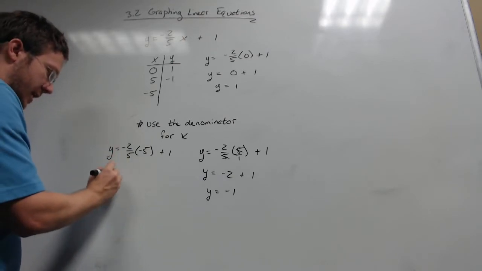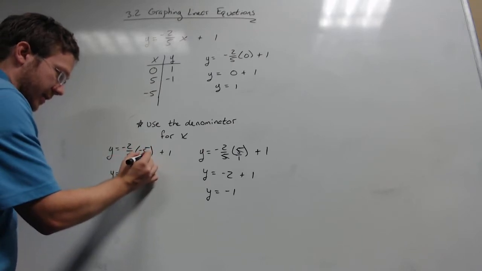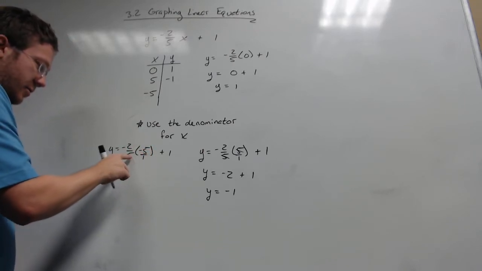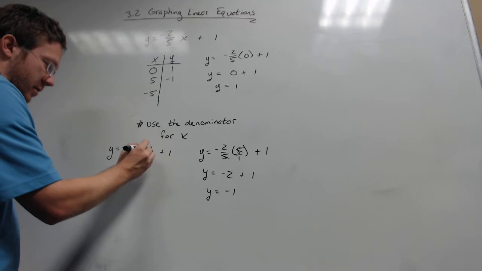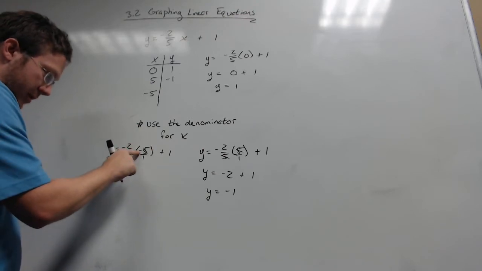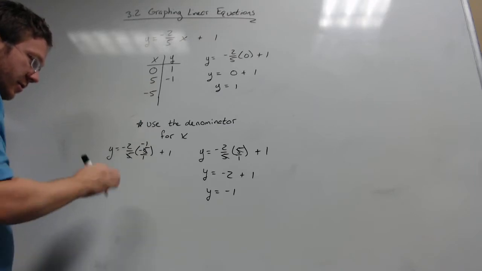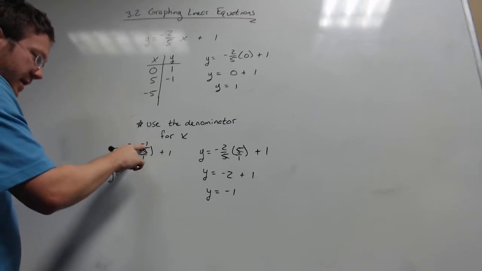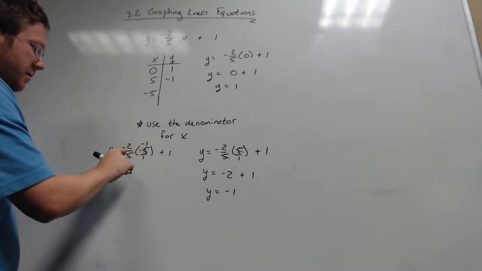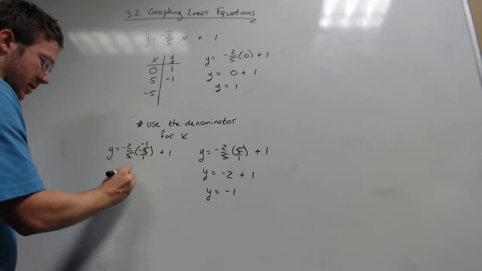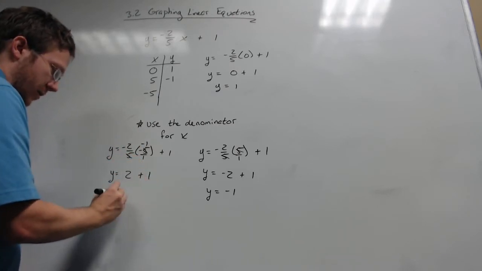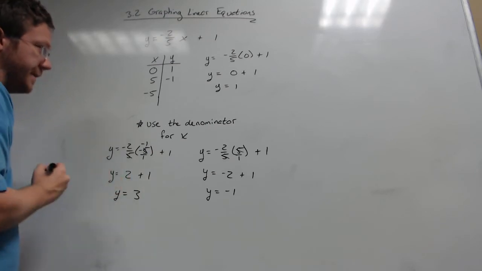Same idea is going to happen. Think of this as a fraction. We can cancel out numerator and denominator, but this numerator will still stay negative. It'll still be a negative 1 up there. So in reality, we have negative 2 times negative 1. That'd be a positive 2. 2/1 is just 2. 2 plus 1, and we get a y value of 3.